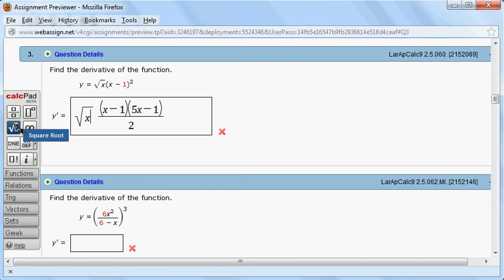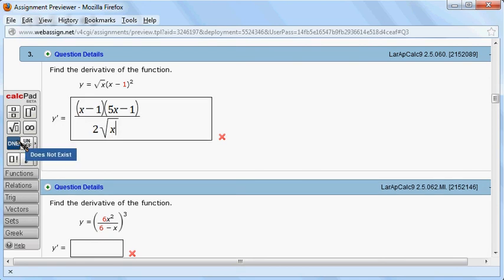Oh, actually, that's not where I want it to be. Let's cut that out. I need to put the square root there, x.